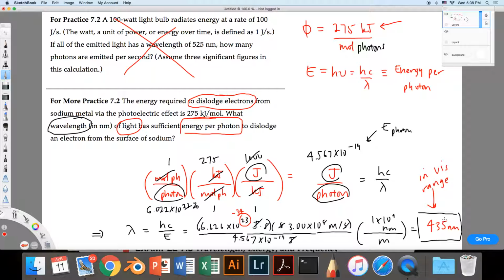I'm not even going to calculate. Well, yeah, I'm going to calculate it one more time, just in case. 6.626. But this time, you know what I'm going to do? I'm going to just do the exponents. 10 to the 23rd, I did it again.